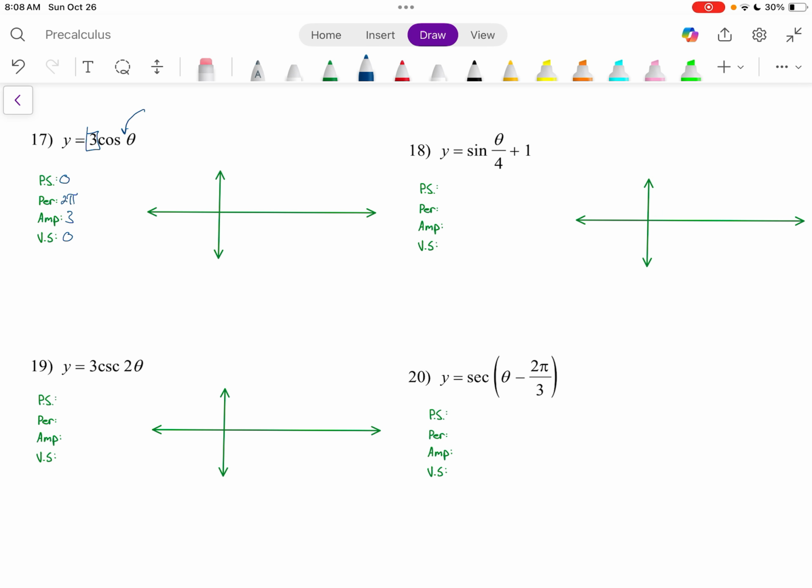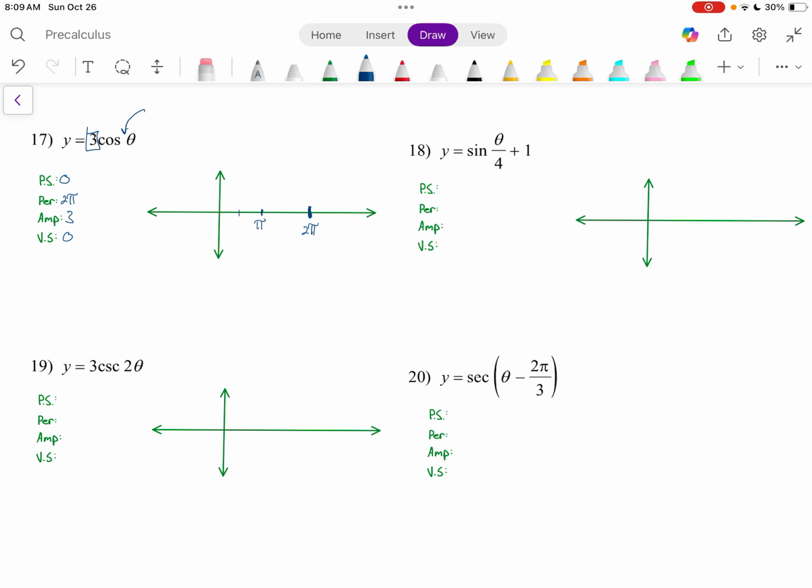So what we do when we graph these is we know our starting point is at 0, and then we just pick a point down somewhere to put our end of our first period. That's 2 pi. Divide that in half. And this is easy division. 2 pi divided into halves is pi.